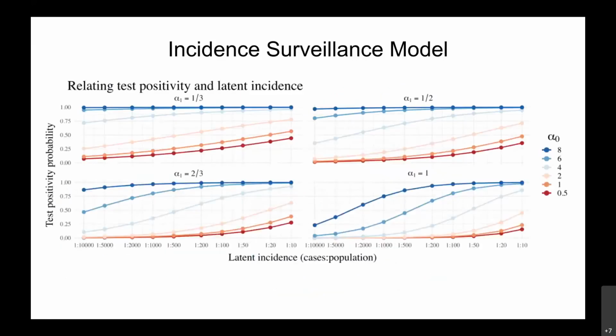To give a little more intuition of what this functional form does, as alpha_0 increases, the test positivity probability becomes much greater than the latent fraction of the population that moves on to progressive infection.